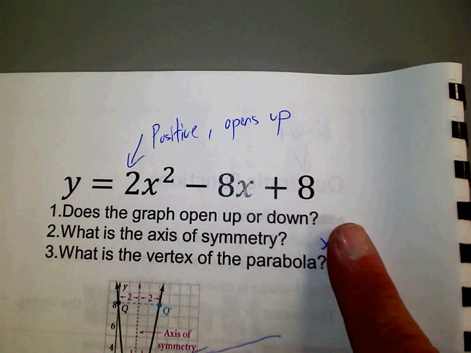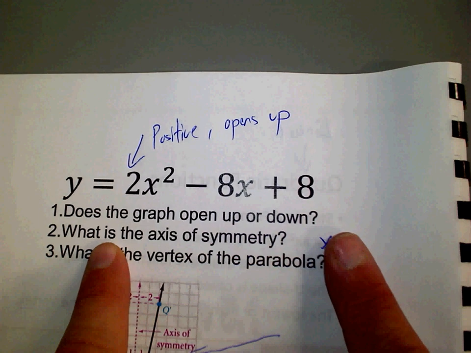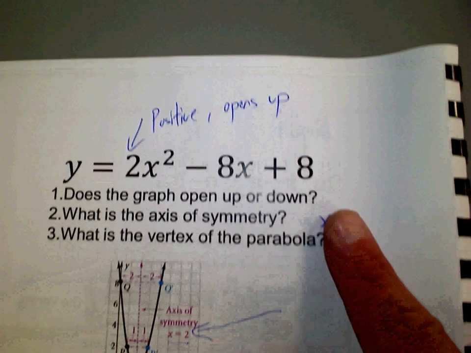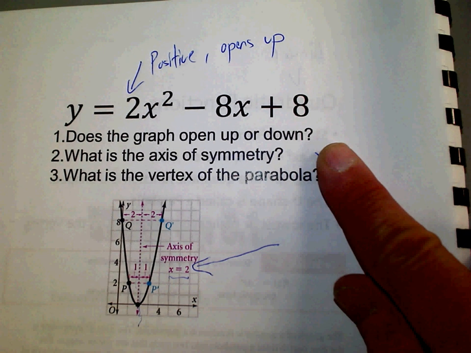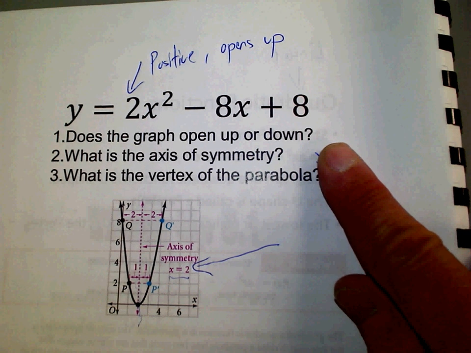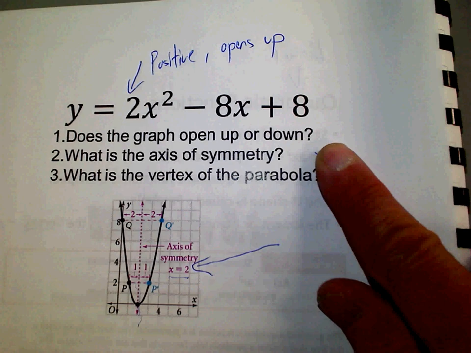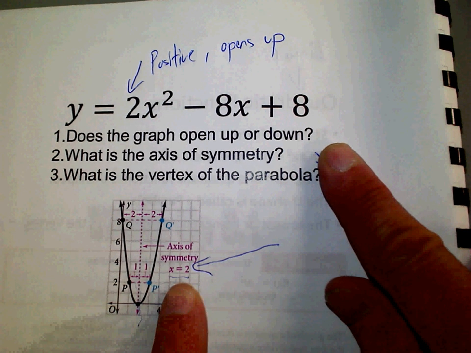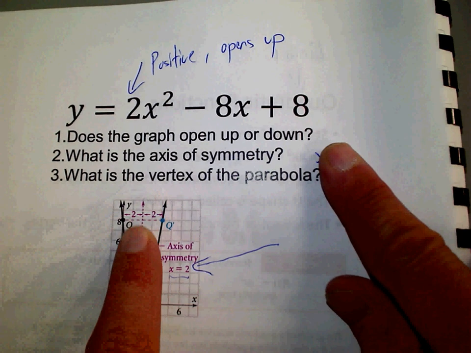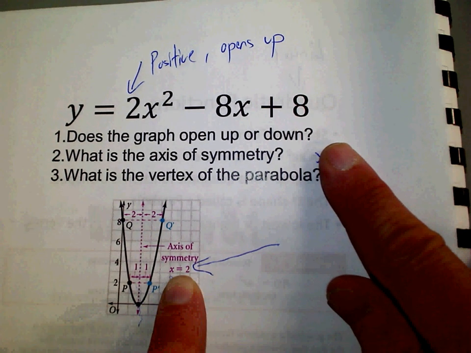Okay. What is its axis of symmetry? Right here. Give me an equation for the axis of symmetry. X equals 2. It's right there, isn't it? You notice it's dashed. X equals 2 is a vertical line.